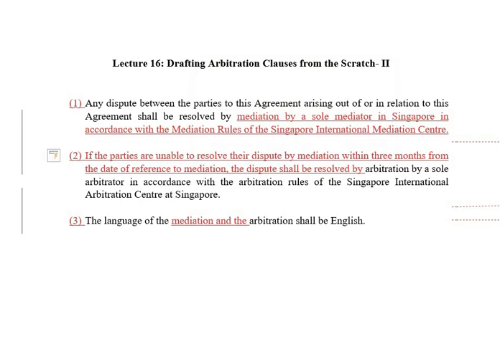So the clause would read, any dispute between the parties to this agreement arising out of or in relation to this agreement shall be resolved by mediation by a sole mediator in Singapore in accordance with the mediation rules of the Singapore International Mediation Center. If the parties are unable to resolve their dispute by mediation within 3 months from the date of reference to mediation, the dispute shall be resolved by arbitration.